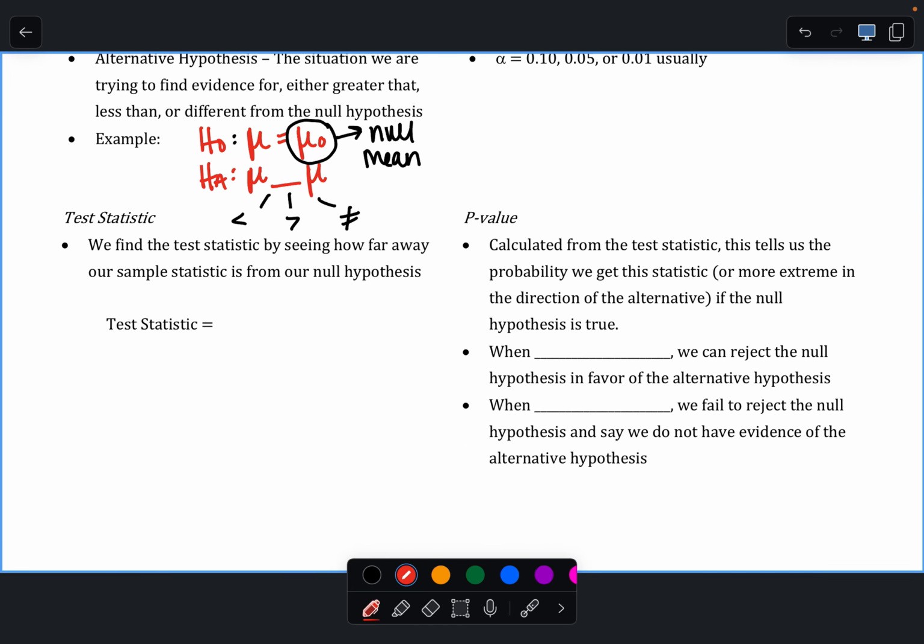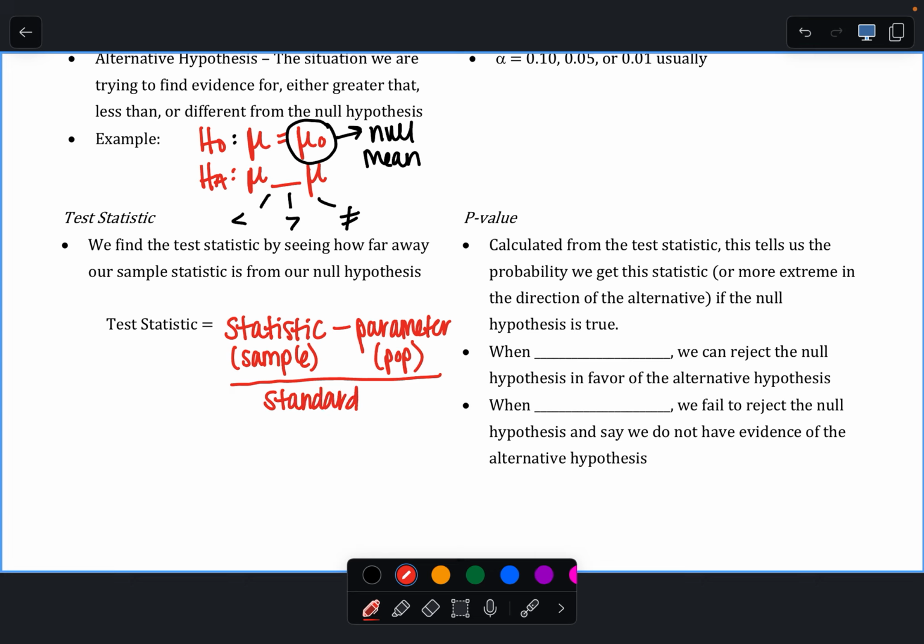So for the test statistic, it's typically going to be your statistic, which is going to come from your sample, minus the parameter, which is going to come from your population. So it's, and I'll show you the specific formula with the specific values we use in just a second, over, and a lot of the time we are using our standard deviation.